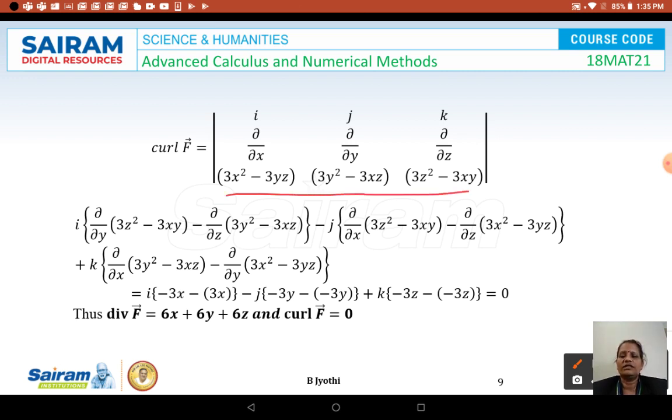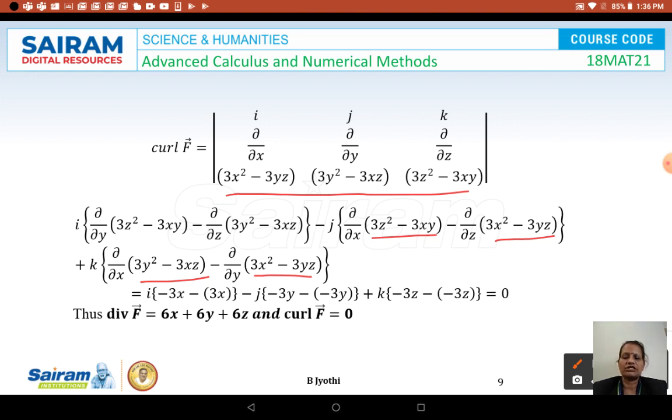So when we do the determinant, what we get here is i times (dou by dou y of (3z square minus 3xy) minus dou by dou z of (3y square minus 3xz)), minus j times (dou by dou x of (3z square minus 3xy) minus dou by dou z of (3x squared minus 3yz)), and plus k times (dou by dou x of (3y square minus 3xz) minus dou by dou y of (3x squared minus 3yz)).